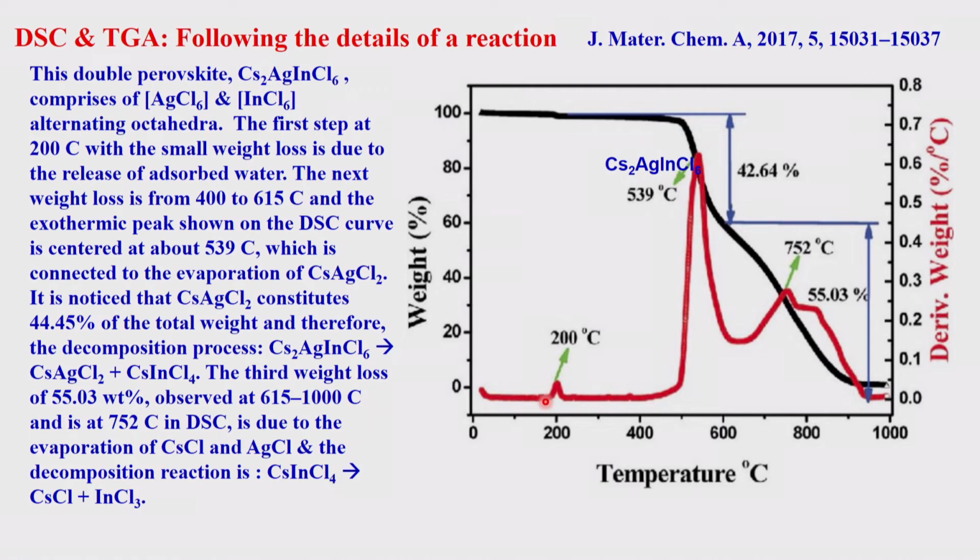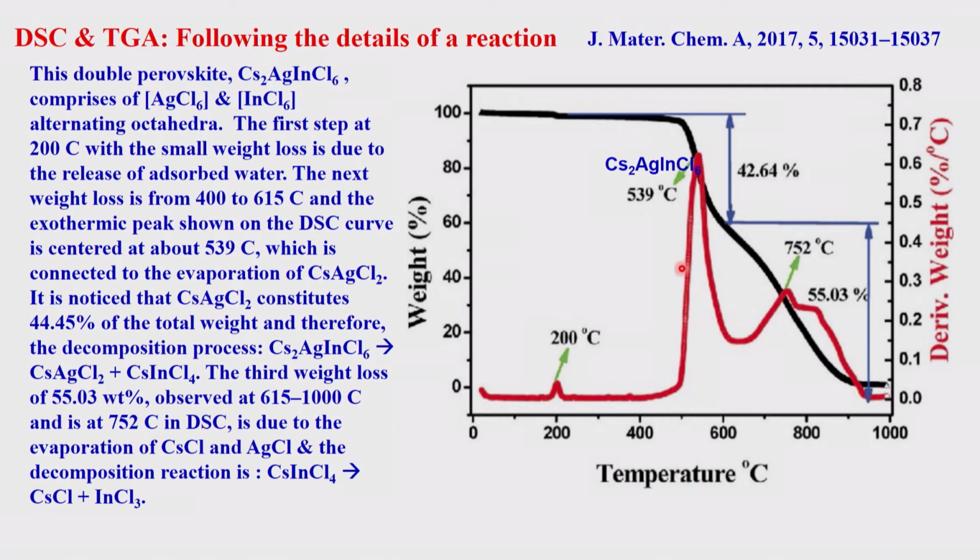When you have to throw out the water from the sample, you need to supply energy. So, you can see it is an endothermic kind of process. The next one is the one which is 40 to 43%, coming around 539 degrees Celsius, this particular peak.